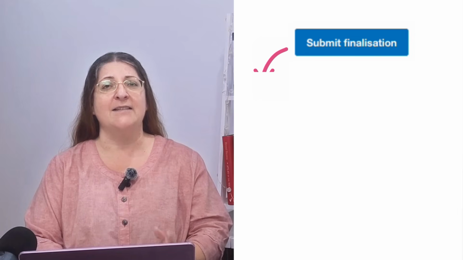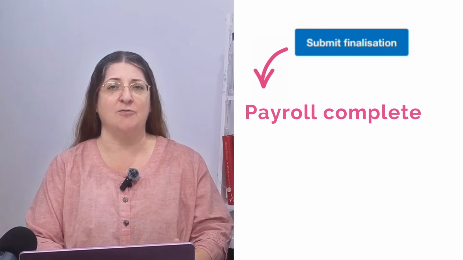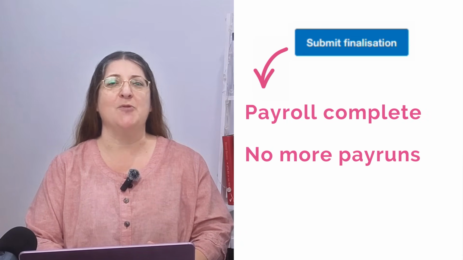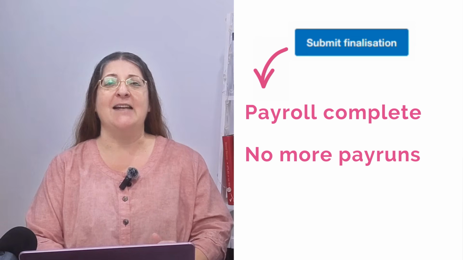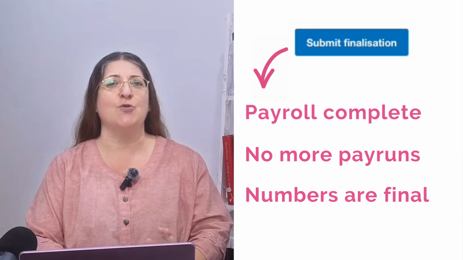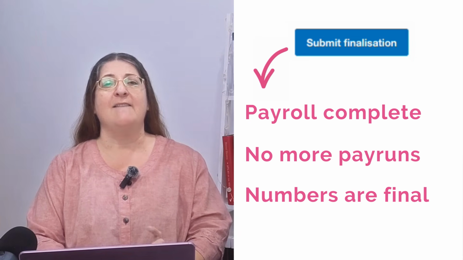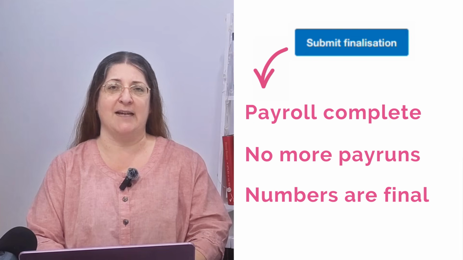STP finalization is the signal that says we are done. Payroll for the financial year is complete and correct. No more pay runs will be processed for the financial year, and our numbers are final. All wages, deductions, superannuation and fringe benefits sent during the year to the ATO match our payroll records. That's what we are saying with that one click.